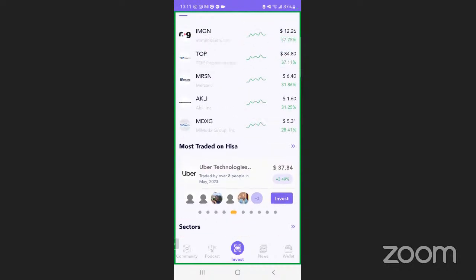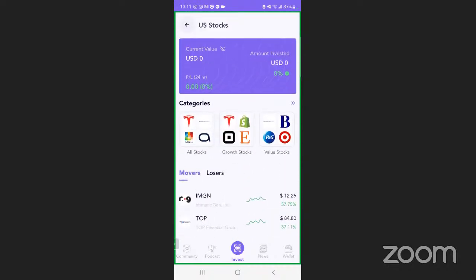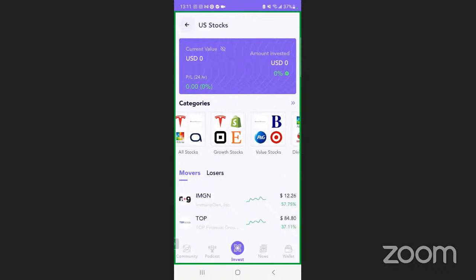You'd come to US stocks under all stocks. So you can see the various categories. Actually, let me not even start there. Let me start with investment strategies. This is the first step, where you're looking to allocate between various categories.